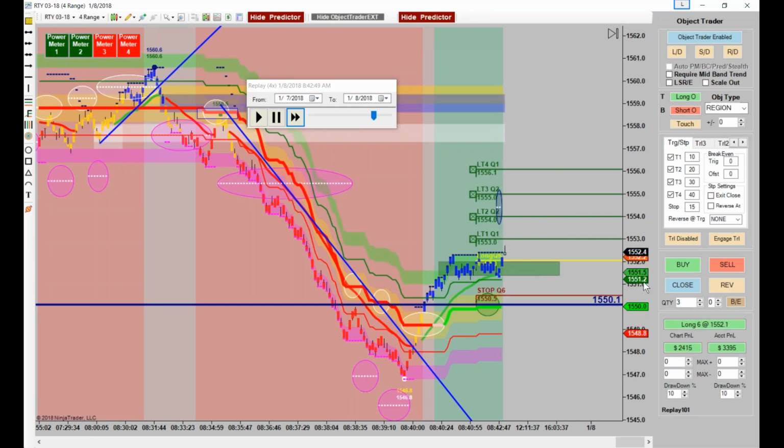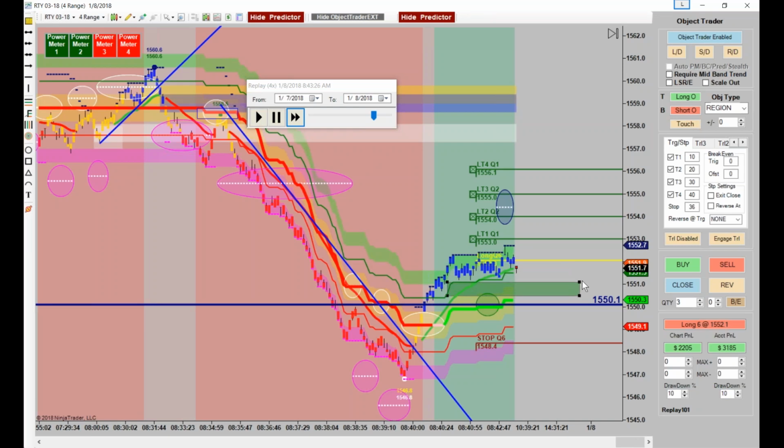Nope, I didn't want that one, doggone it. Well, we're all right, but I don't like it because that's a breakout. Just bear with me just a second. I'm going to put a real tight one, because we want the retracement, not the breakout. Yeah, that's what I thought. Okay, we'll get the retracement.